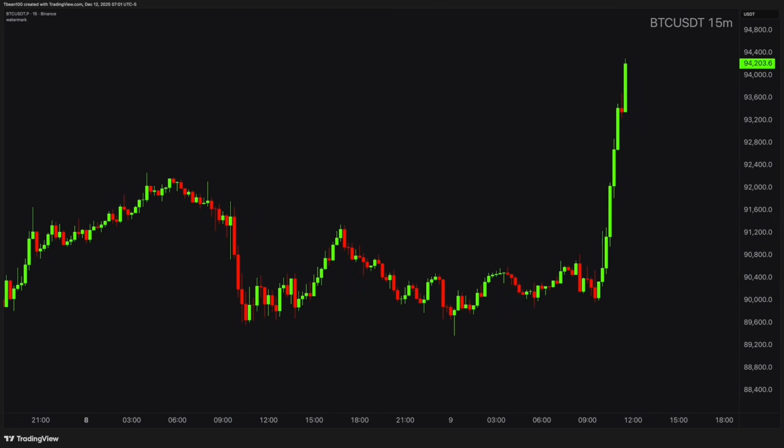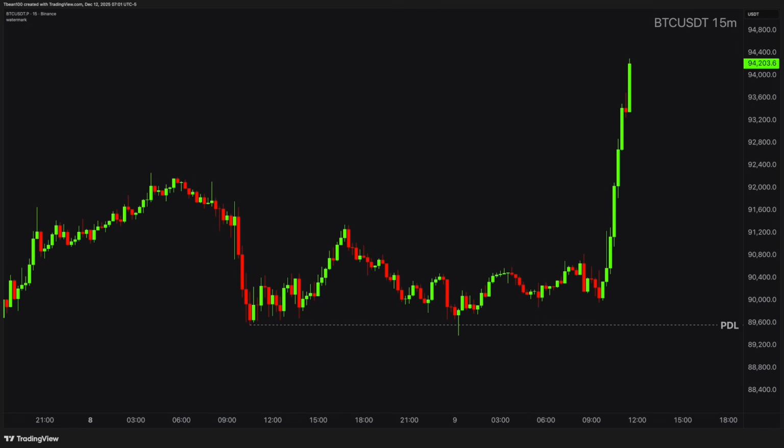Bitcoin had a really clean example recently. Once the price took out the previous day's low level, it briefly swept that area with a nice wick and then strongly moved back into the range. You can call this a swing failure pattern or simply a rejection wick, I don't care.